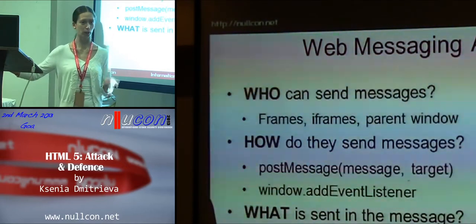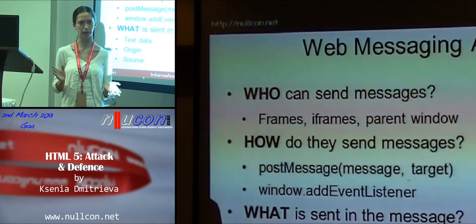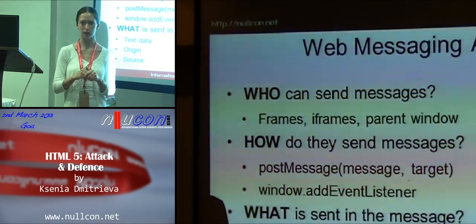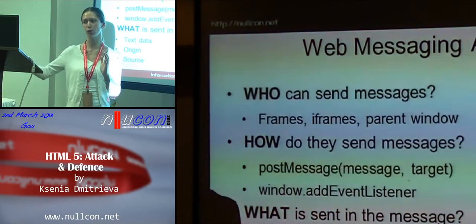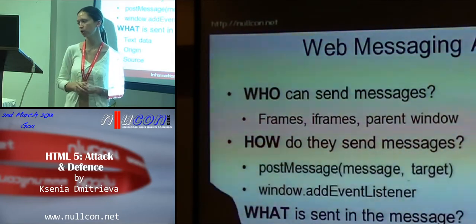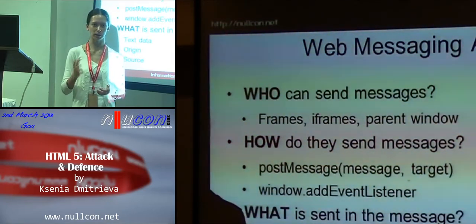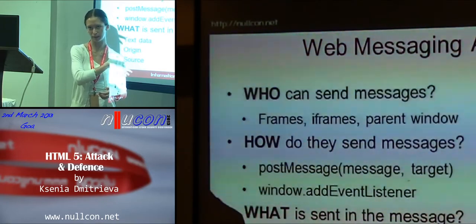And so what is sent in the message? As I said, the message itself, which is just a string, text data. The origin is where the message came from, so the URL, not the full URL, but what's the origin, so the schema, the domain, the port. And the source is the JavaScript object that sent the message.